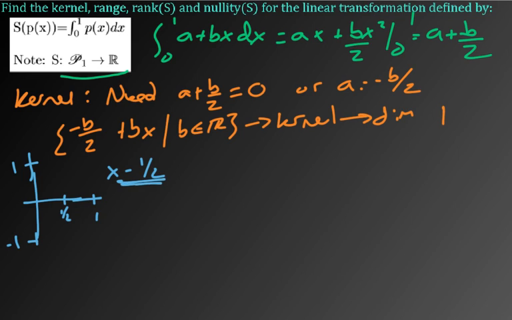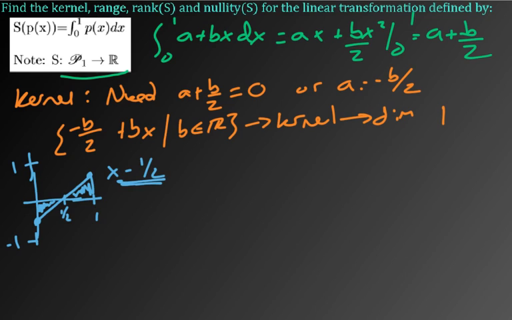So this should be in the kernel, that kind of linear function. If we plot it, certainly the amount of area that's here is equal to the amount of area that's here. And so those would zero out, and it would give you 0 in the interval from 0 to 1.